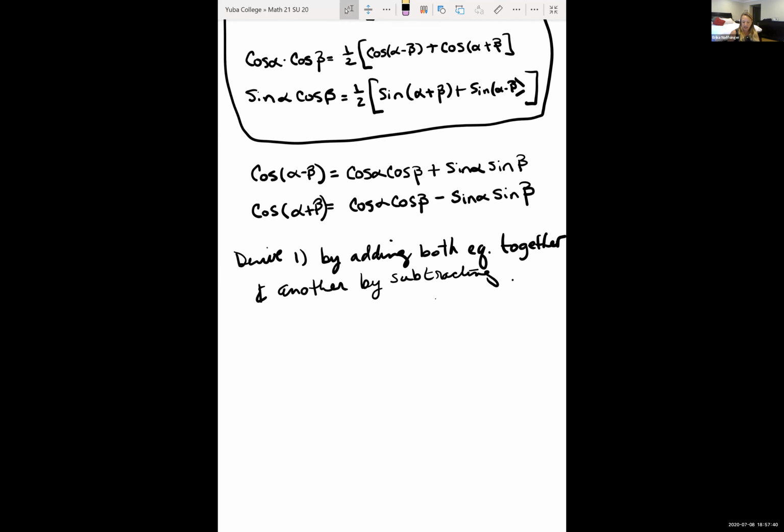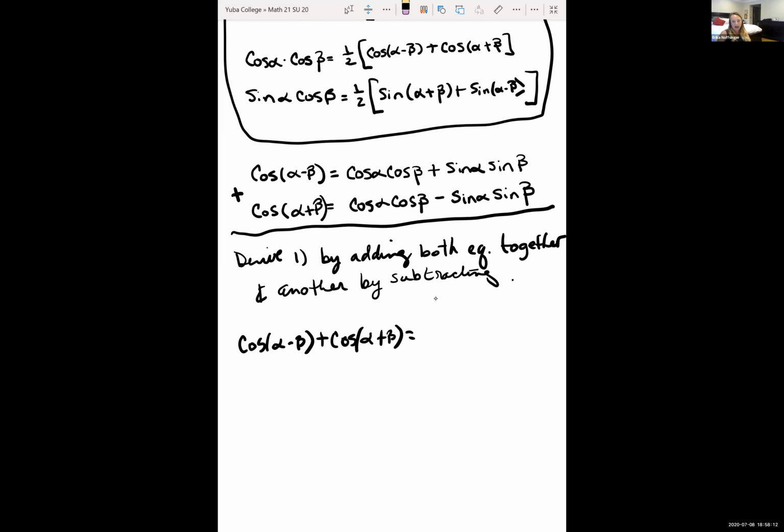Okay, so let's look at it. If we summed both of these equations together, summing the left-hand side of both, I would get cosine of alpha minus beta plus cosine of alpha plus beta. This is equal to, well, summing both of these together, I'm going to just put a plus up here for now.